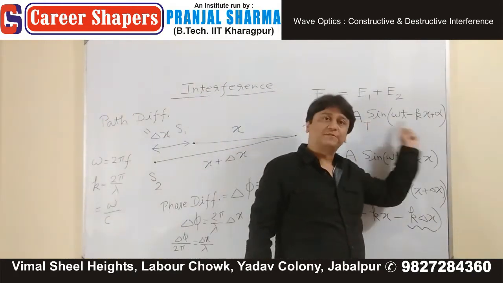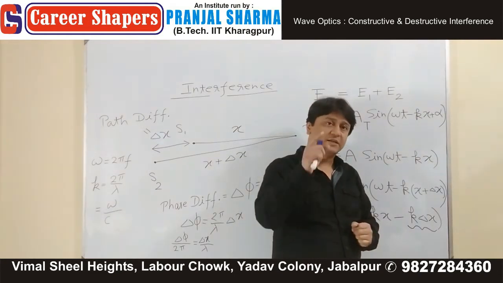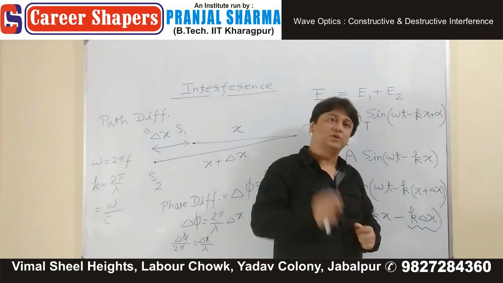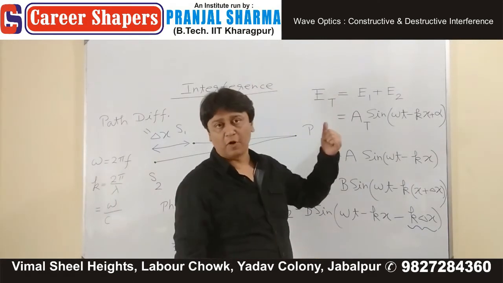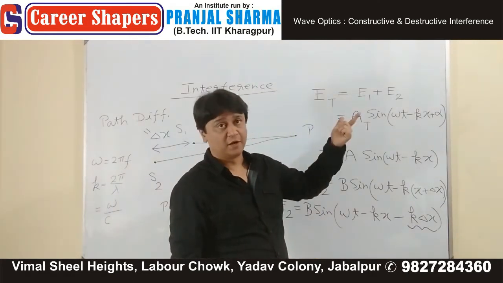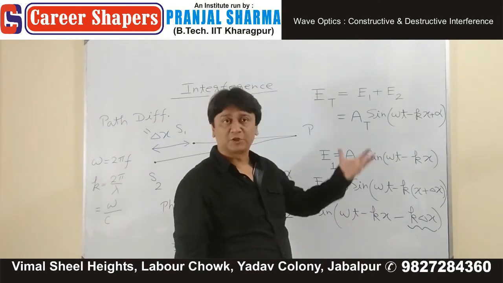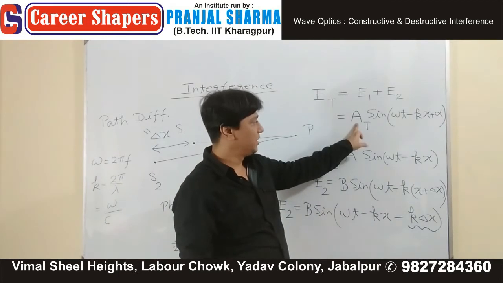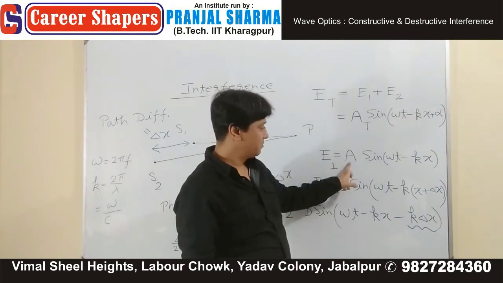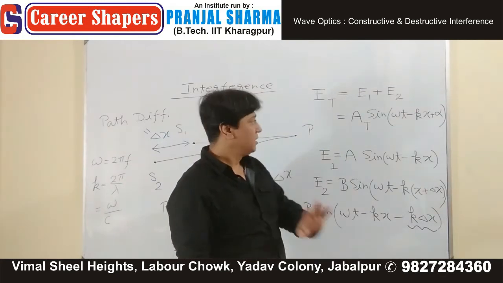We are not interested in the alpha part because you know that variation because of sine is so fast that our eyes cannot see that fast variation. Instead, our eyes go for intensity, which is average power, and that intensity is proportional to amplitude square.